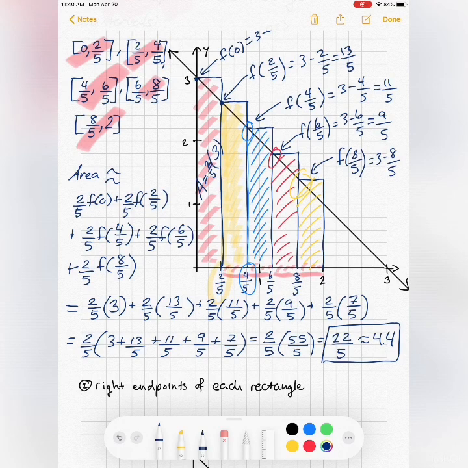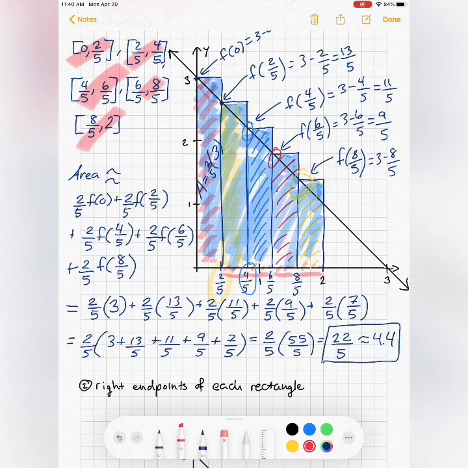Okay, so what have I actually found? I've actually found the area of all five of these rectangles. Okay, so you can see that would actually be an overestimate of the area actually under that curve, right?